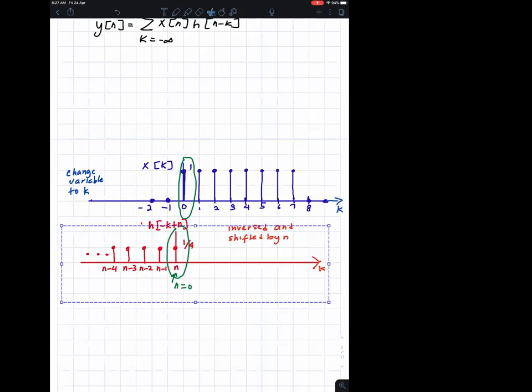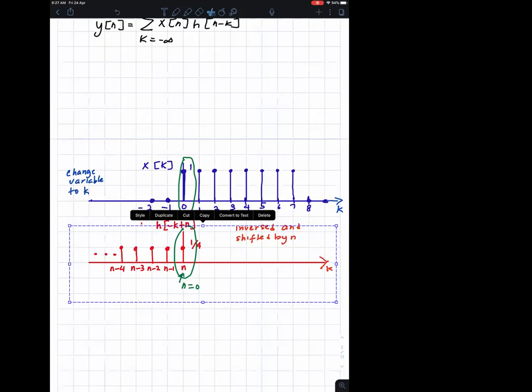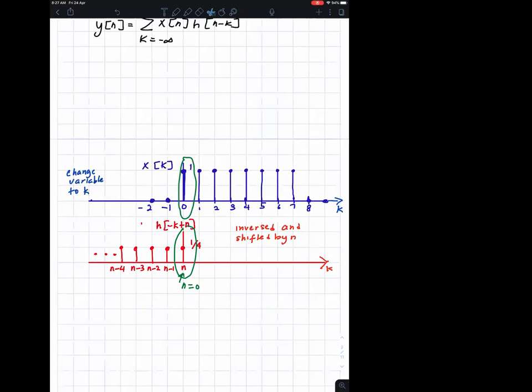When n equals 0, there's a 0 signal here at x[k], and n is 0 at h[minus k plus n]. Then the two signals overlap. Overlap means you have a signal at k equal to 0.